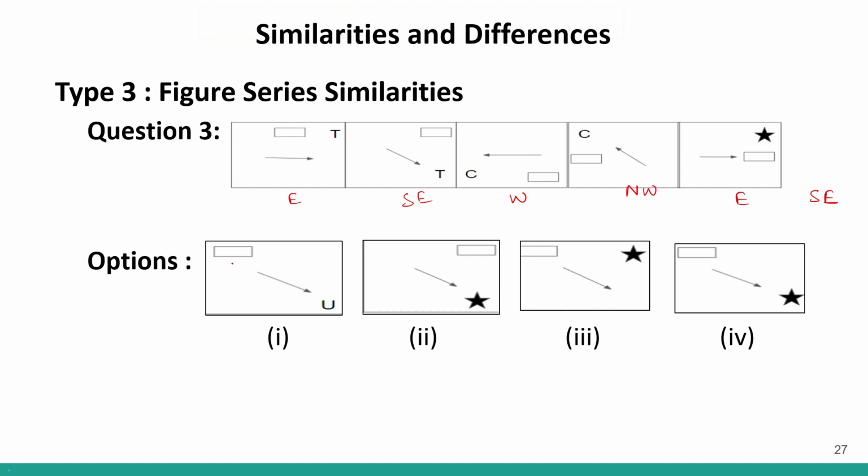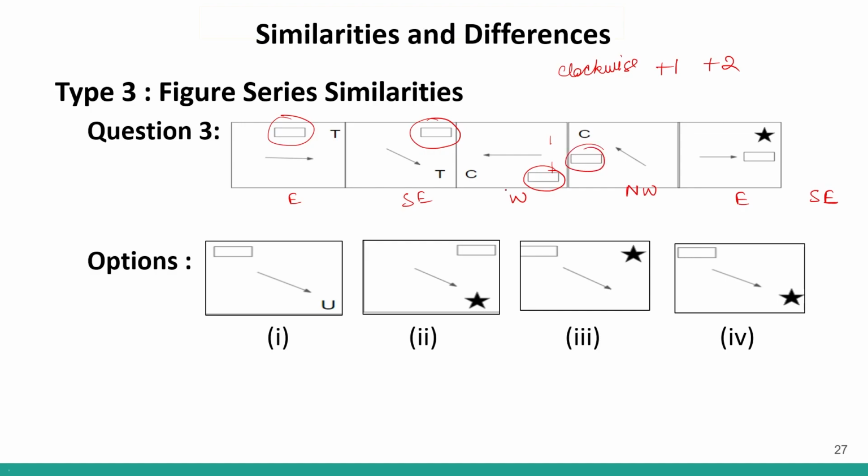Now let us look at the rectangle. If I look at over here, the rectangle is moving one position. From this position, it went to this position. So one position forward. In which direction? In clockwise direction. Right? From here, it went here. So this was one position and one position. So 2 positions forward in clockwise direction.